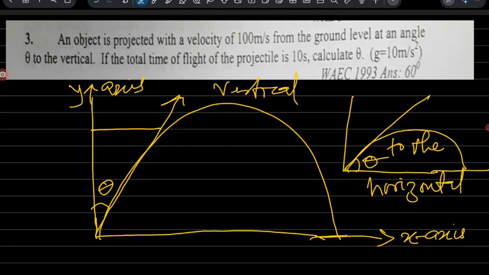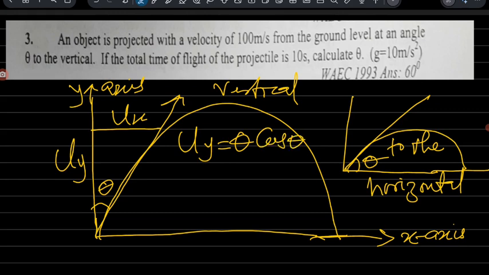Remember, we have u, ux, uy. Now the uy, instead of u sine theta, will now be u cos theta, and the ux will now be u sine theta. It will change because the question says to the vertical.